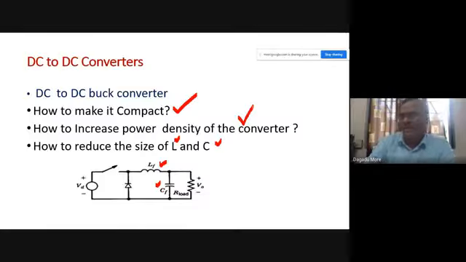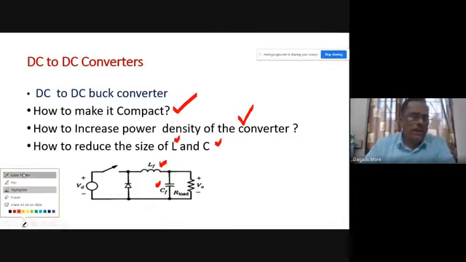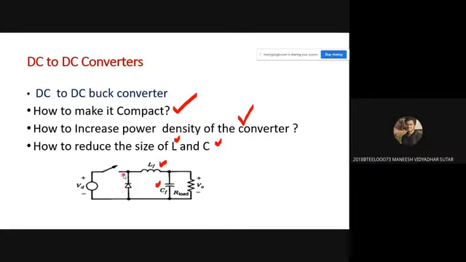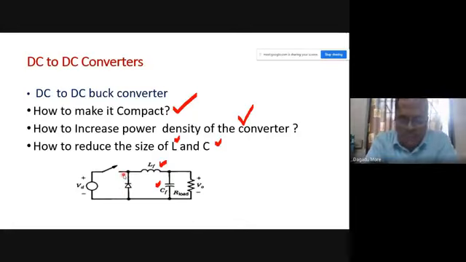Output voltage does not depend upon the switching frequency. So which parameter governs the output voltage of this DC to DC converter? Is it the switching frequency or the duty ratio? Duty ratio. The duty ratio controls the output voltage.